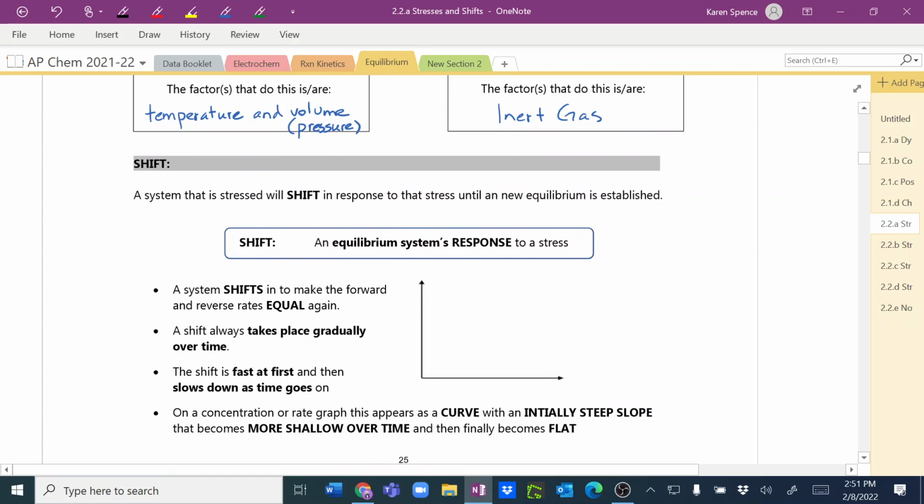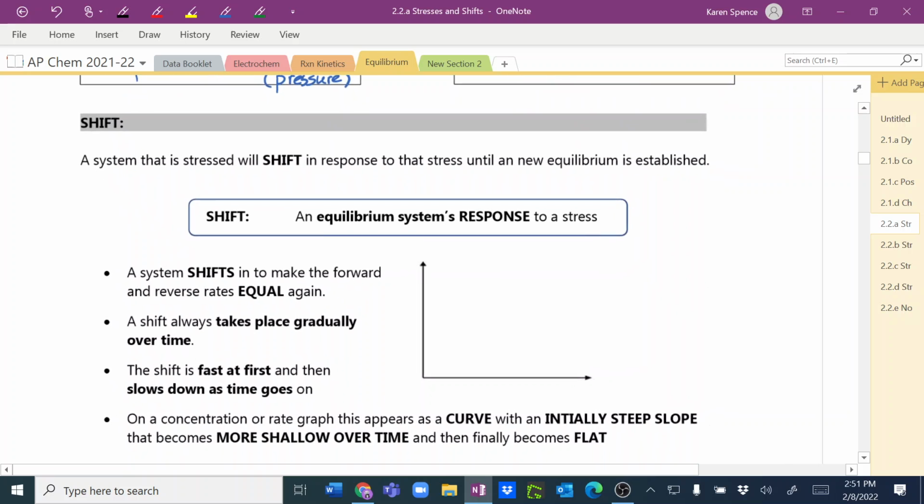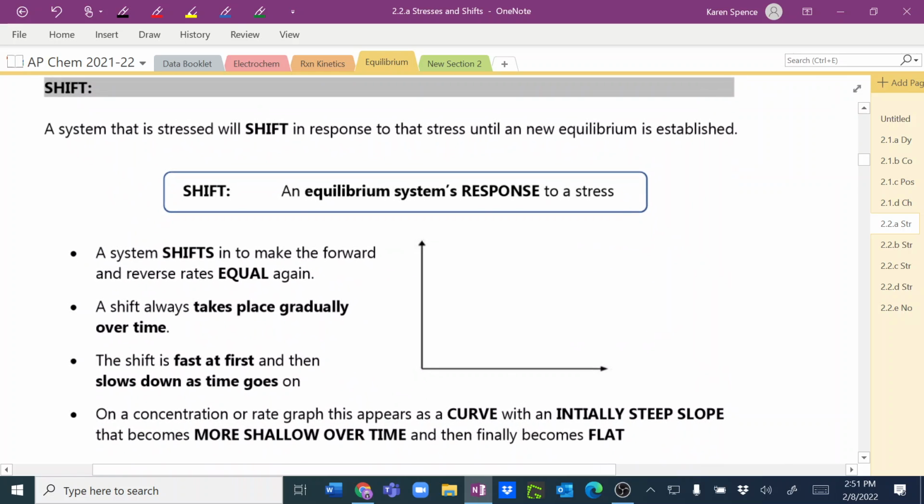A system that is stressed will shift in response to that stress until a new equilibrium is established. It shifts in order that the forward and reverse rates are equal once again. This shift, unlike the stress, takes place gradually over time.